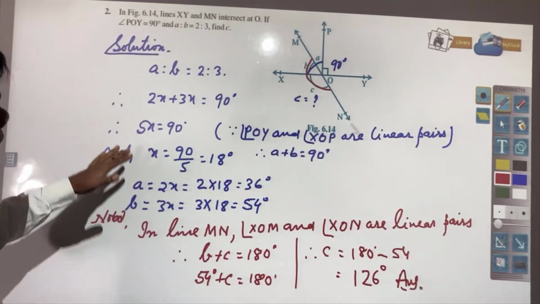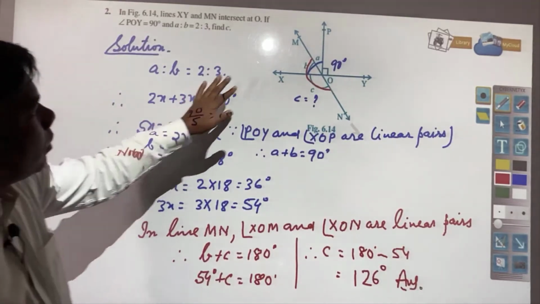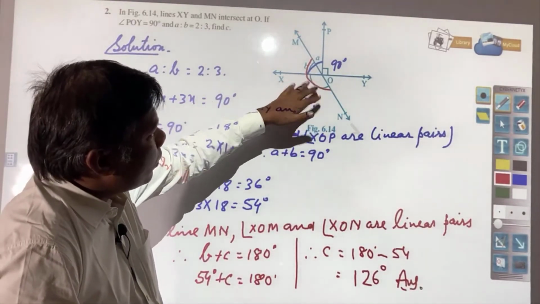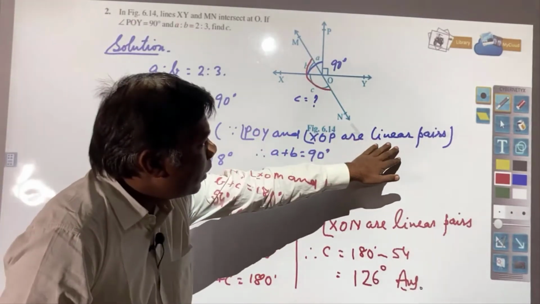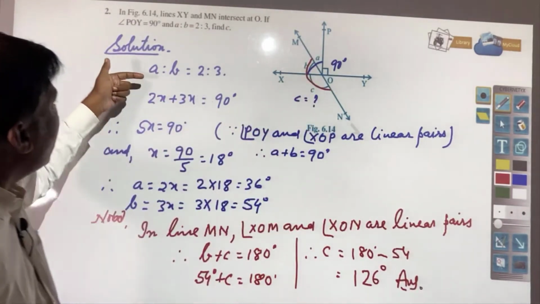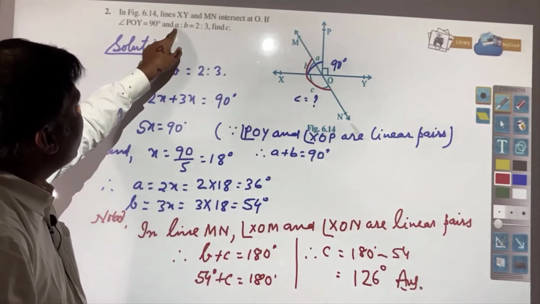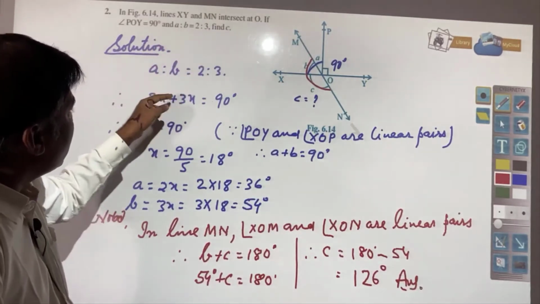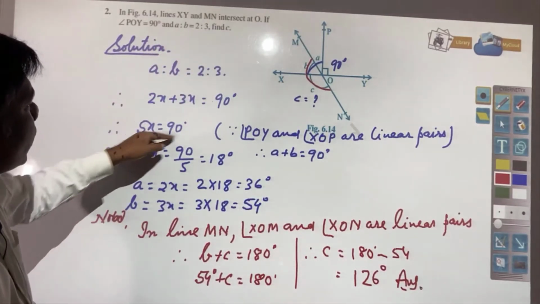So here again, what you had to know, first of all, lines you need to remember, or linear pairs you need to understand, and if it has been given in ratio A is to B equal to 2 is to 3, in this way this is required to be simplified.